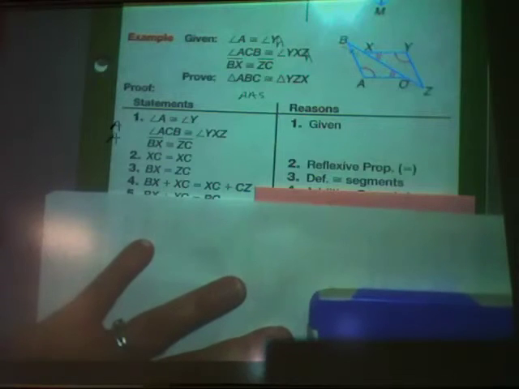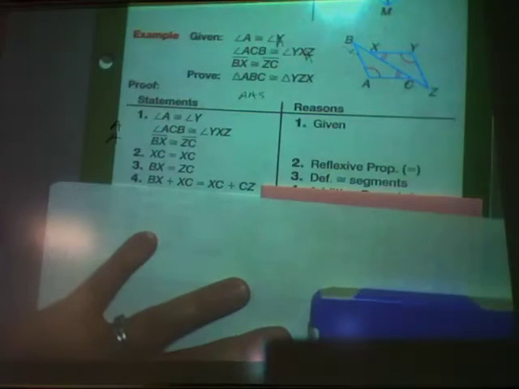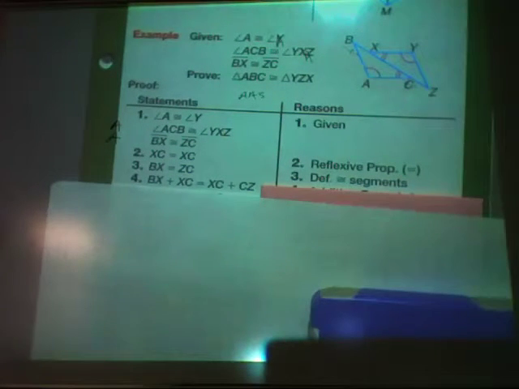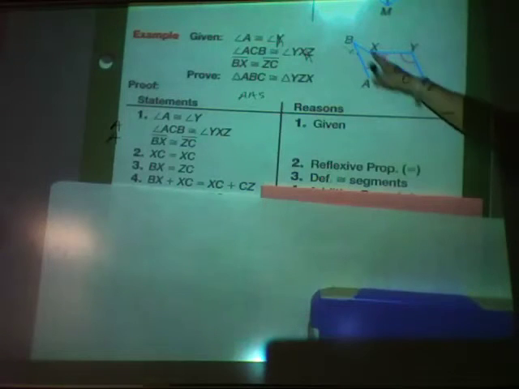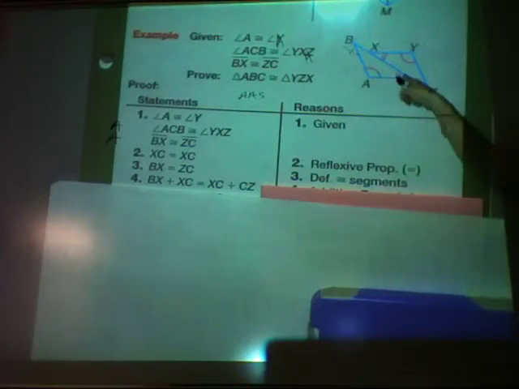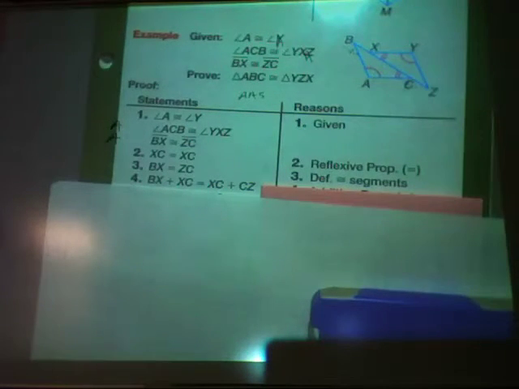There's a reason why we brought those in there. Now look what our next statement is. We have BX plus XC, and we're saying that that's exactly equal to XC plus CZ.